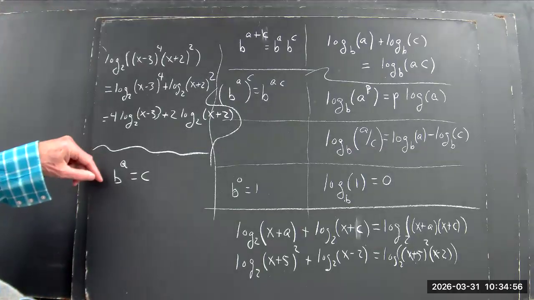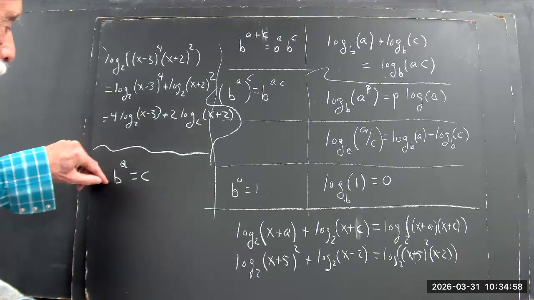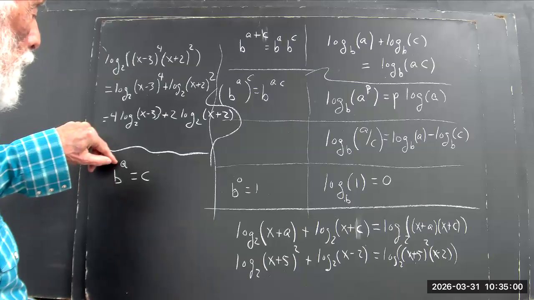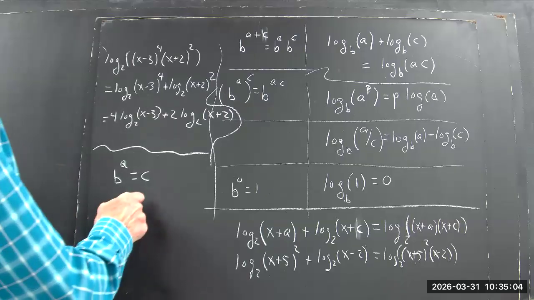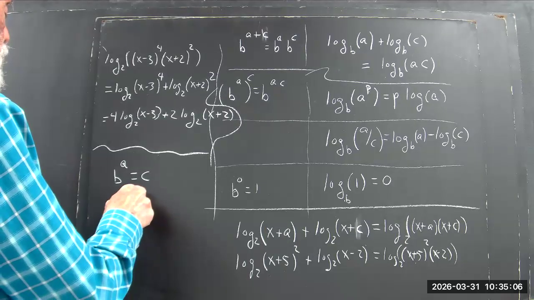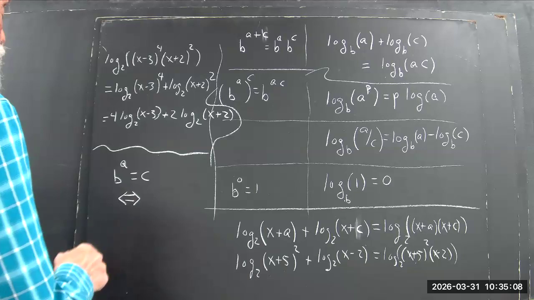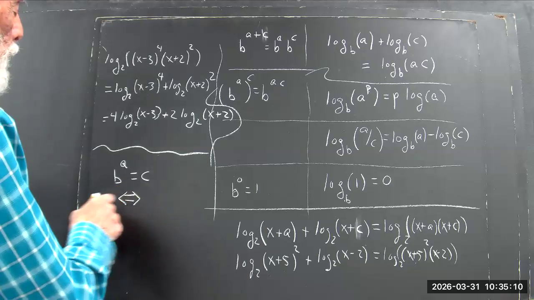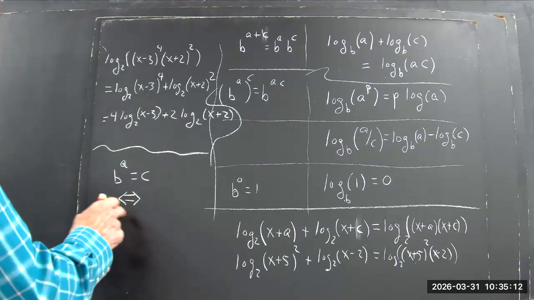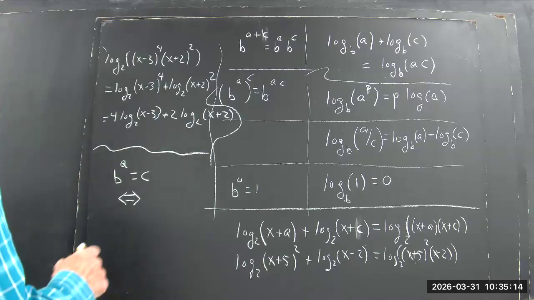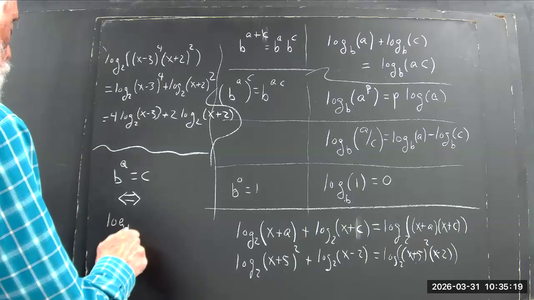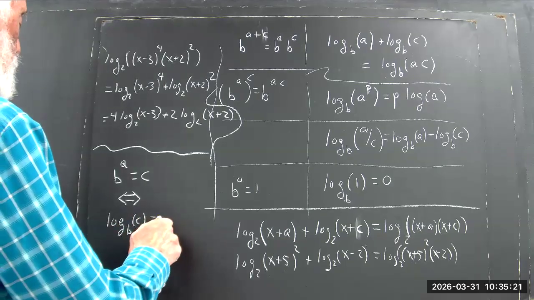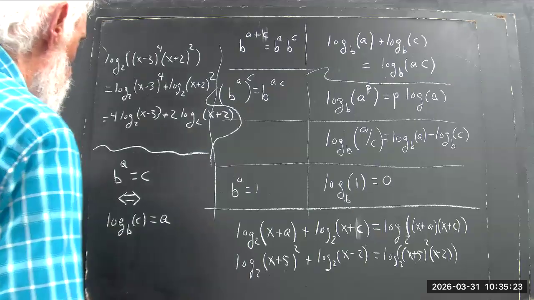This is an exponential expression: b is raised to the a power, set equal to c. This is equivalent, and I'm writing an equal sign with an arrow on each end, meaning is equivalent to, log base b of c equals a.